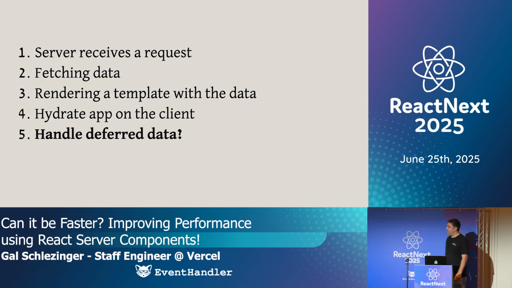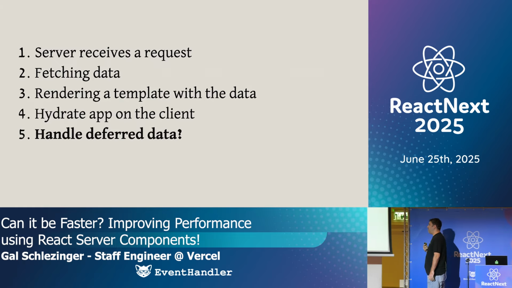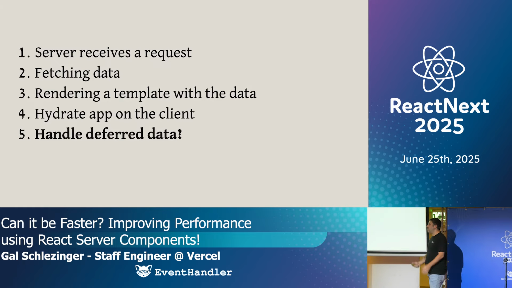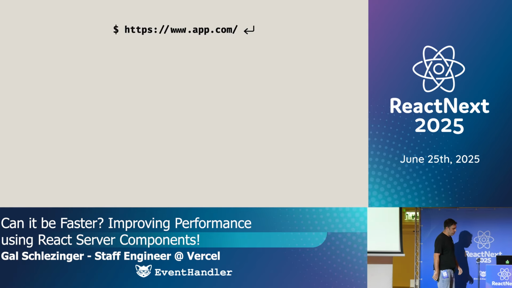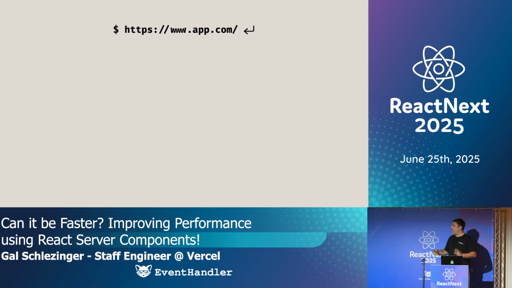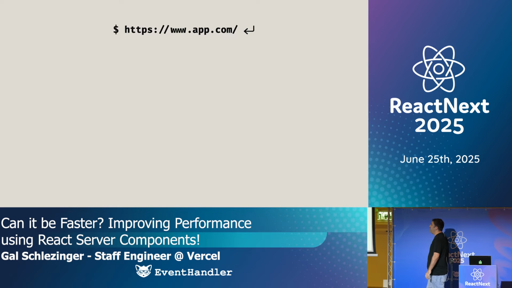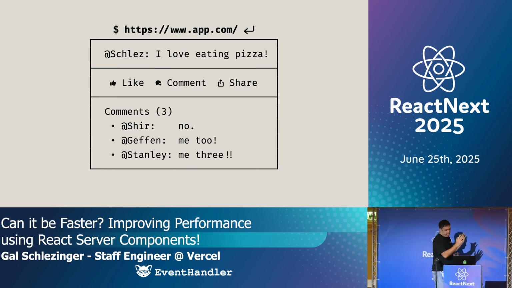But what about handling deferred data? This is something that we still haven't solved, and what deferred data actually means. So let's say that you go to your favorite social media site, like Facebook, Instagram, X, the Everything app, and you go to a post page. Imagine you press return, and then you wait for like 5 seconds, and boom, you get everything.